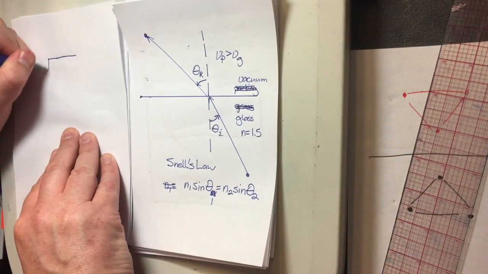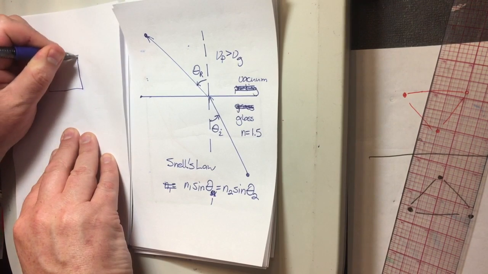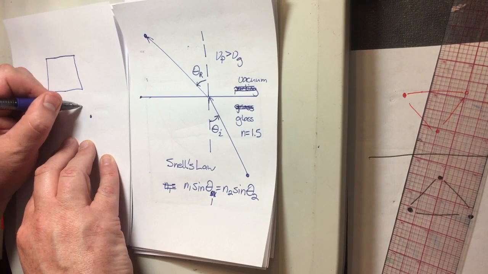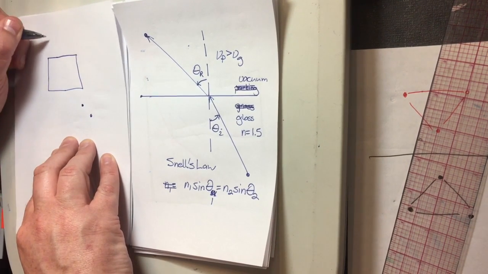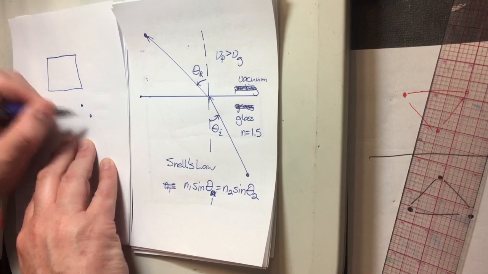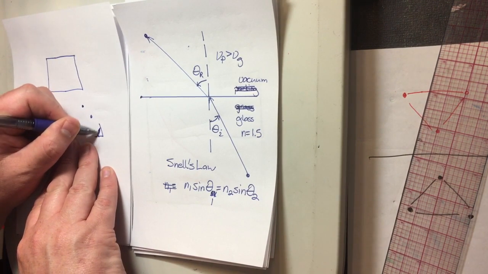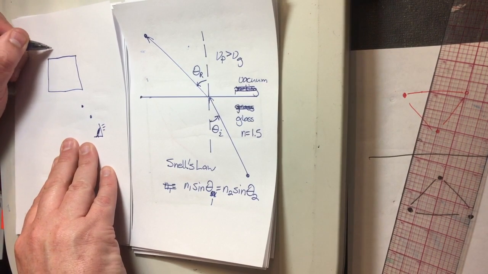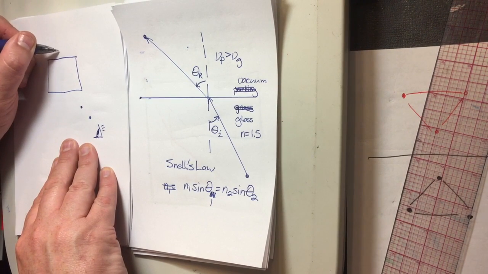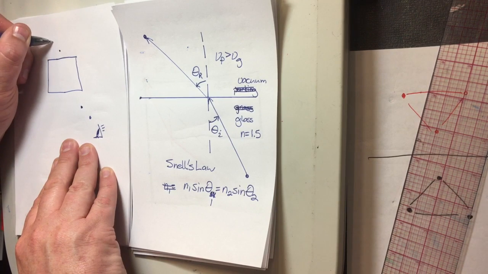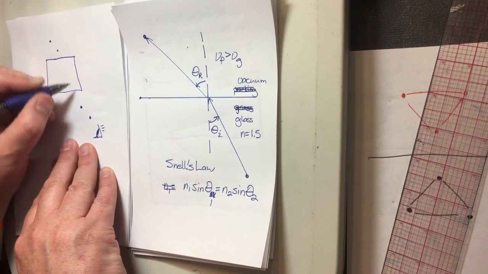On the lab today, what you're going to do is line up 2 pens, and on the other side you're going to line up 2 other pens.